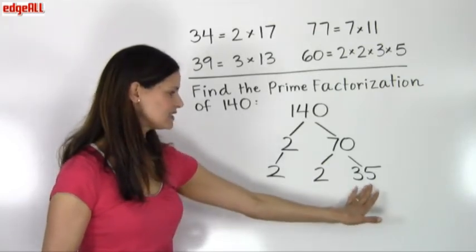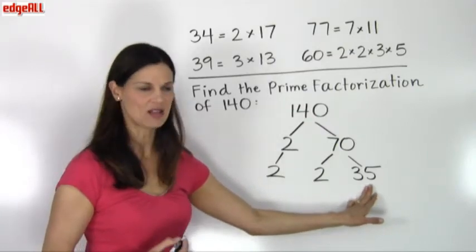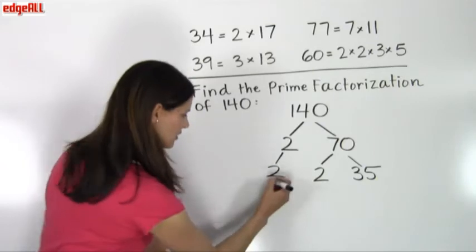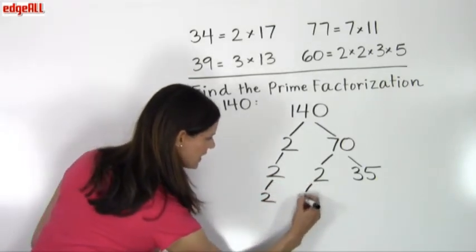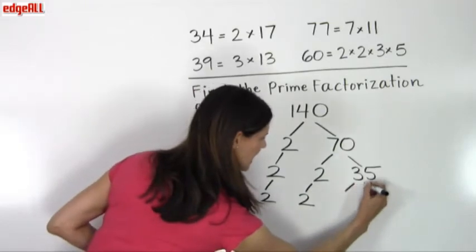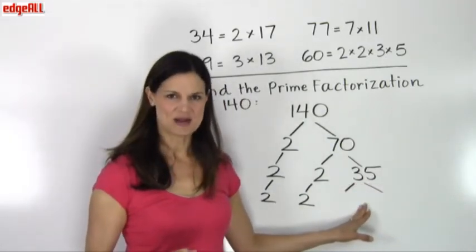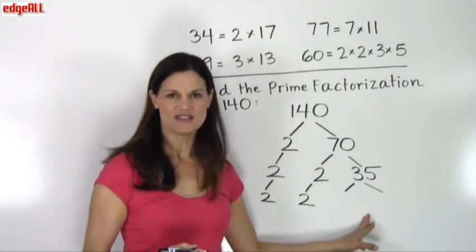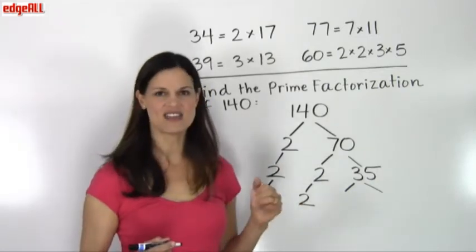And now I need to work on finding the smallest prime factor of 35. So I'm going to work on my next level of my pyramid. I keep my 2, and now I want to break 35 down and see which prime numbers it's divisible by. So 35 is not divisible by 3. 3 doesn't divide into 35 evenly.